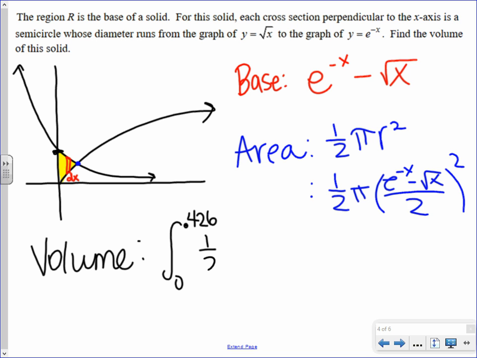Then we need our area times the thickness to get that third dimension for volume. And then that integral is going to sum up those infinitely thin semicircles to get our volume.